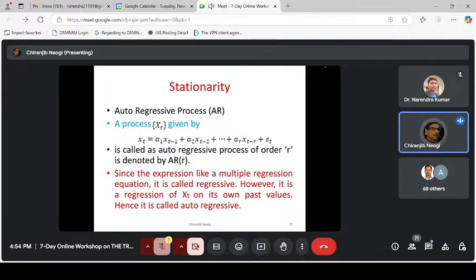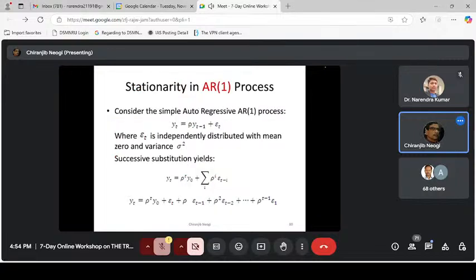And there are some stationarity conditions of the AR model. Why AR model? Because it is an autoregressive model, because you see here Y t and here Y t minus 1. In the standard regression model, if it is Y, the other would be Z or something like this, but here both are Y, with a difference in the time point. So this is called the autoregressive process.